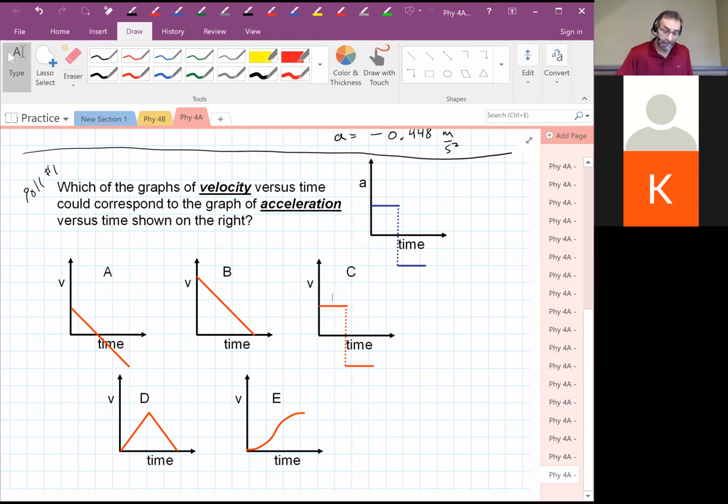Given the acceleration versus time graph, which velocity versus time graph corresponds to that?